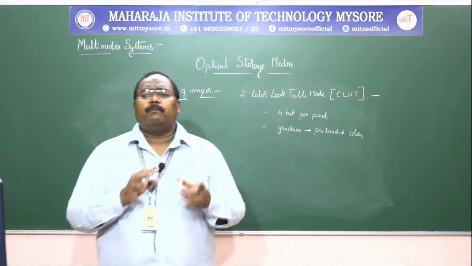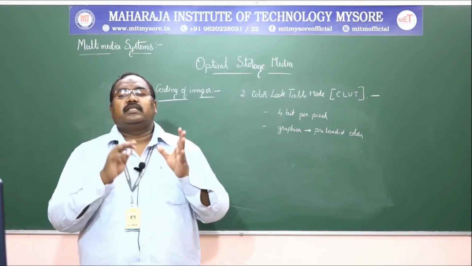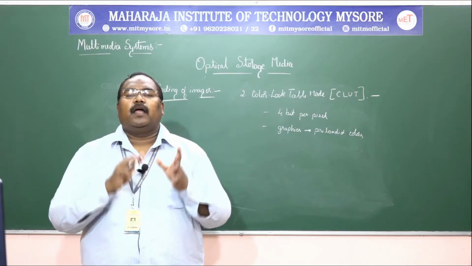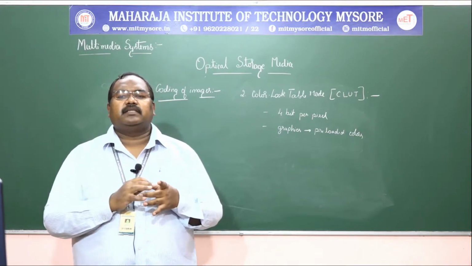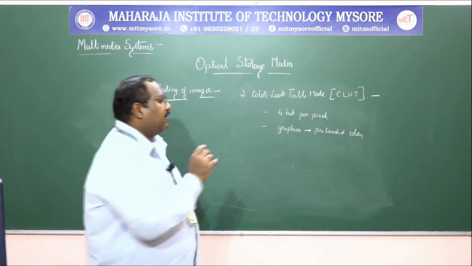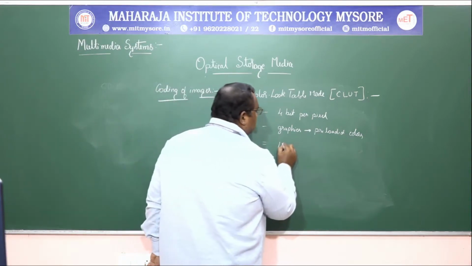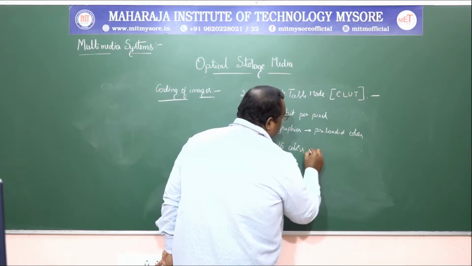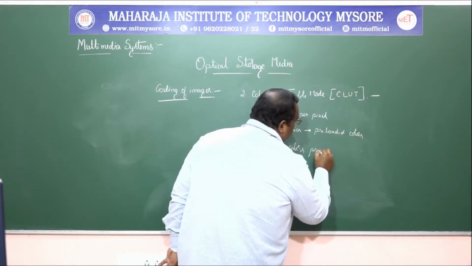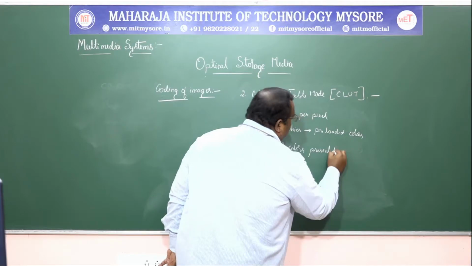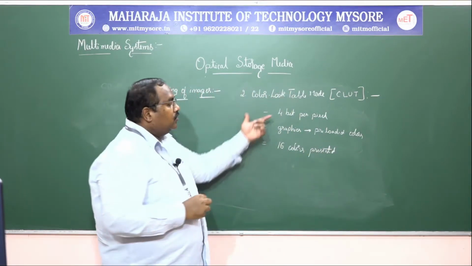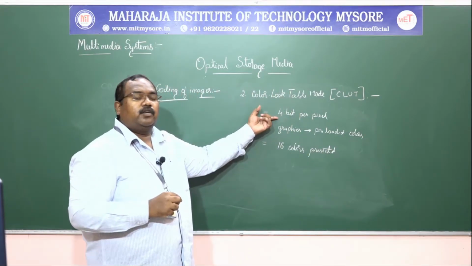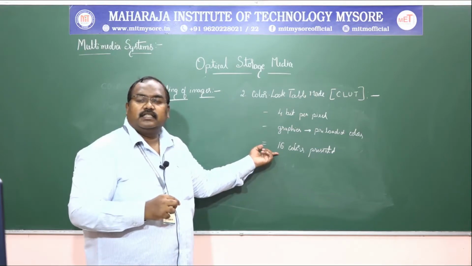And with 4 bits per pixel, 16 colors can be simultaneously represented. Means here 4 bits, 4 into 4, 4 fours are 16.